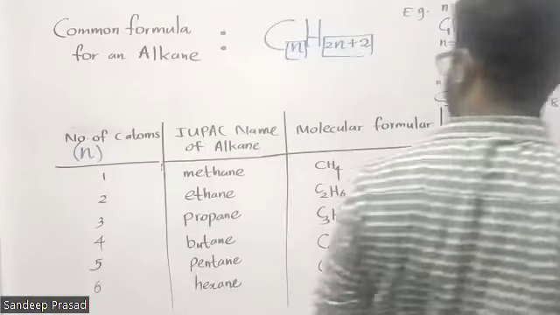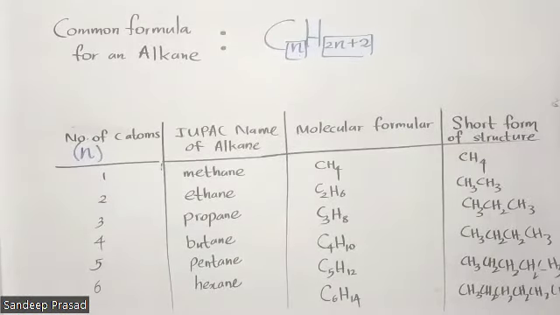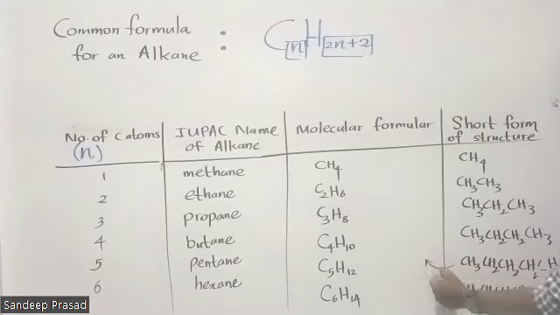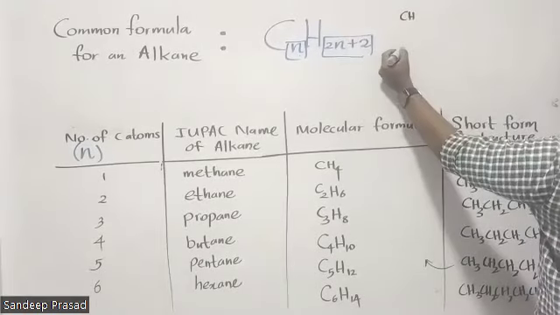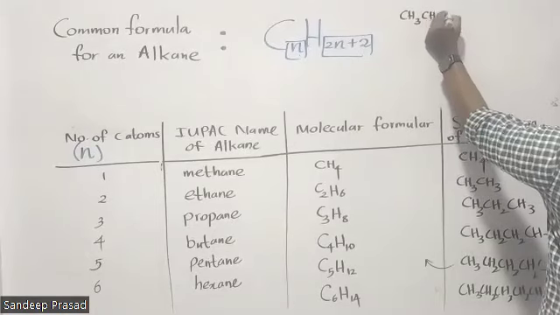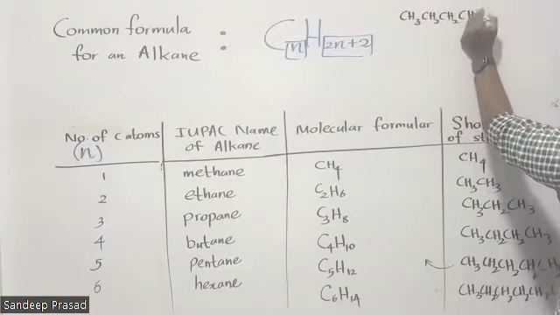Yes, that's also okay, fine. Now look at this one. Let me take pentane. I drew the short form of the structure of pentane as CH3, CH2, CH2, CH2, CH3 in this way.